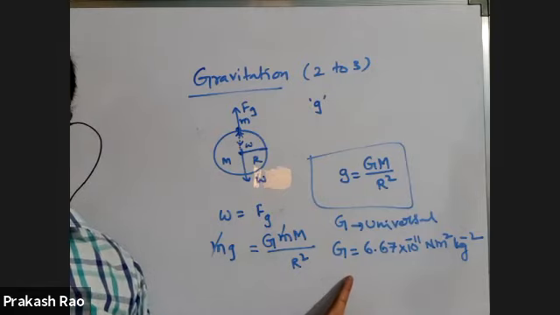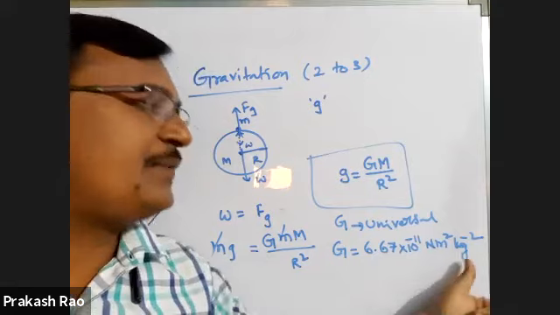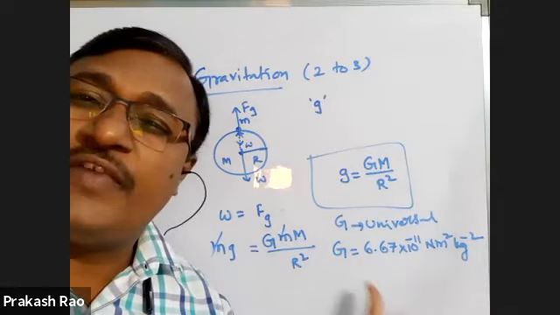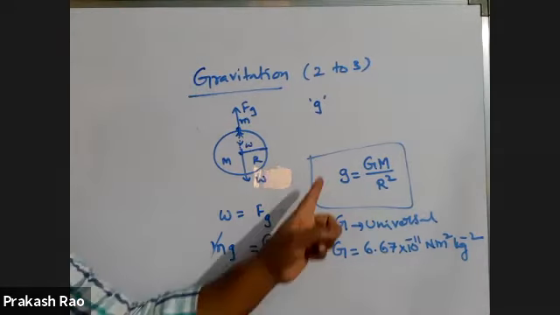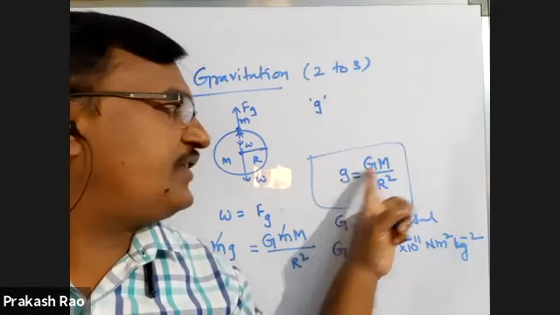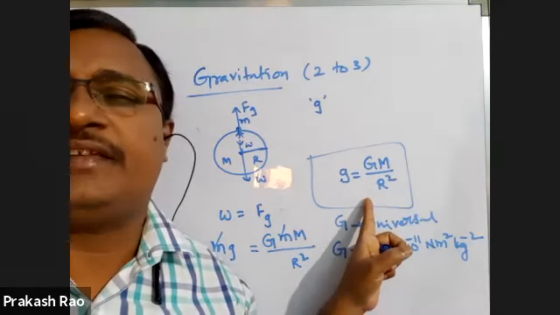So many times in exams, the question is given, what is the unit of capital G? What is the dimensional formula of capital G? Which is also very, very important, my dear students. Acceleration due to gravity on any planet depends on the mass of that planet and the radius of that planet.